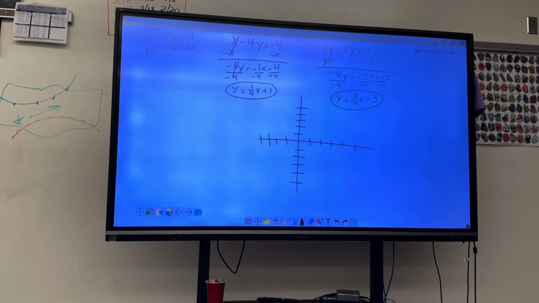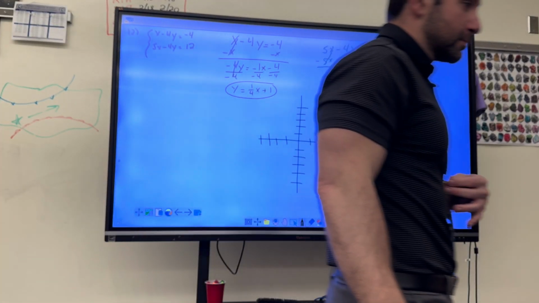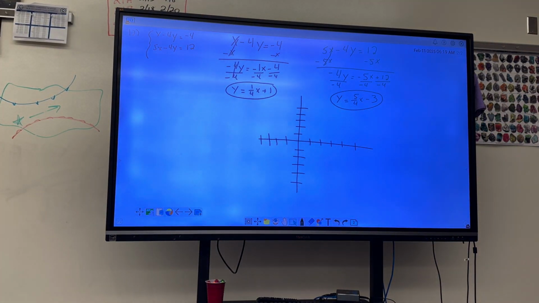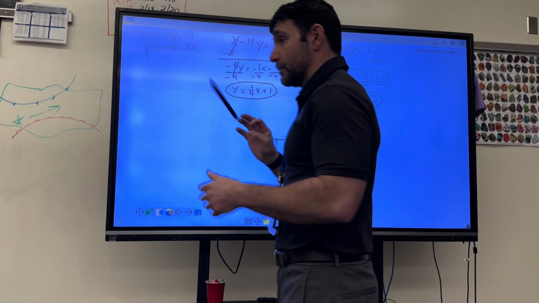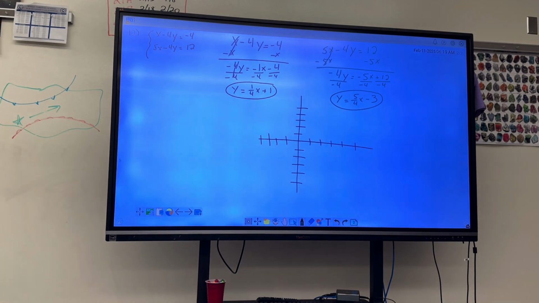So, check your work, it's up there for you. I've got both equations, I didn't find m and b. I know how to find m and b. Can you? And then we're going to graph. This is why we use the ruler, for both, because you need straight lines.